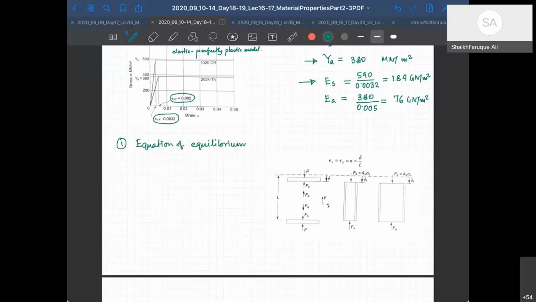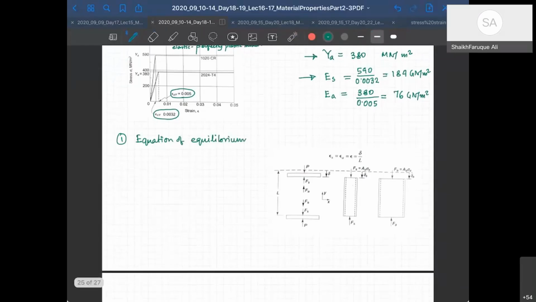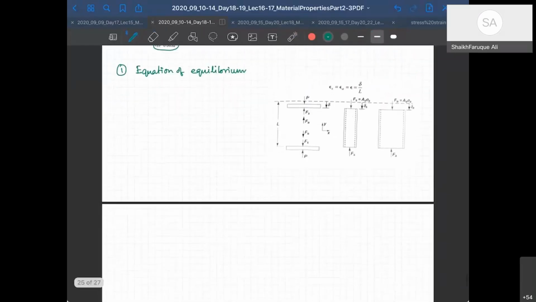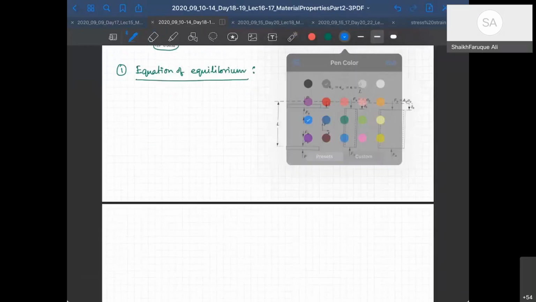What is its equation of equilibrium? If I look at the material, let's use this blue.